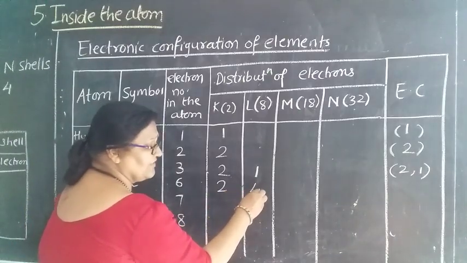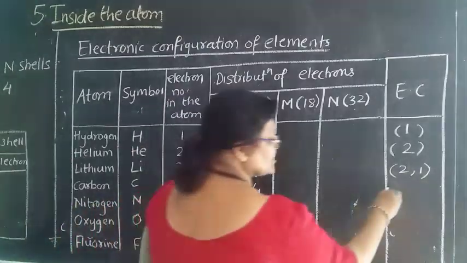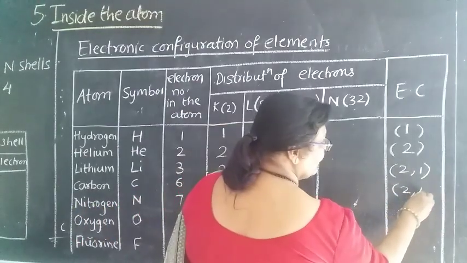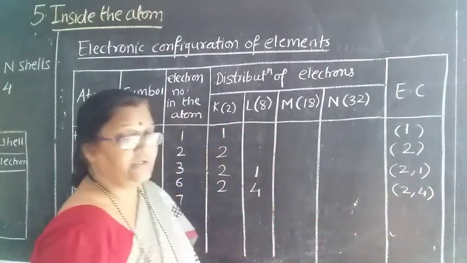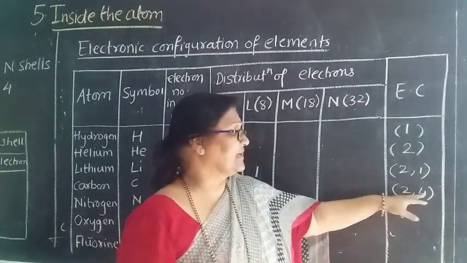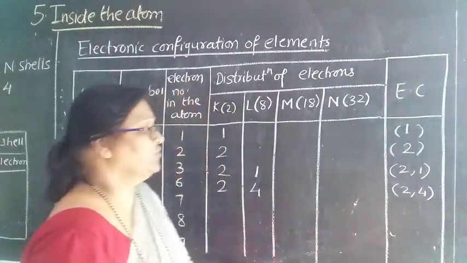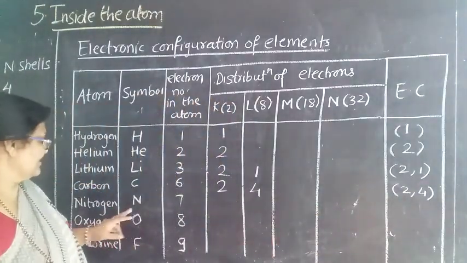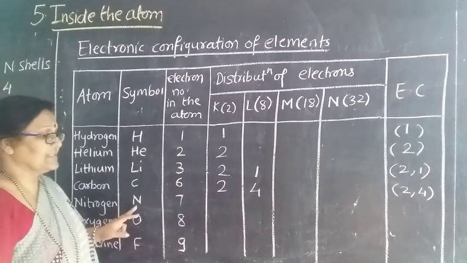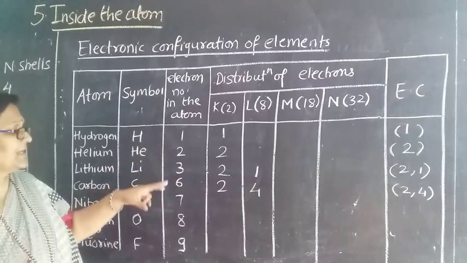So it will be 2 and 4. The electronic configuration will be 2, 4. The numbers of electrons in shells are written one after another, but there should be a comma between 2 shells.